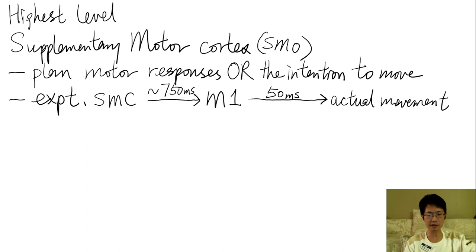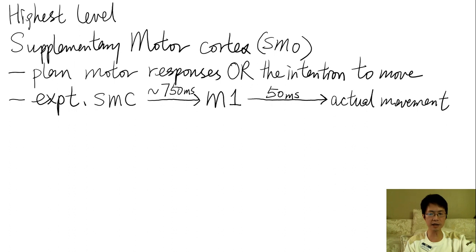So, meaning that supplementary motor cortex becomes active way before the M1 becomes active. So that's why scientists conclude that the supplementary motor cortex is for the intention to move.